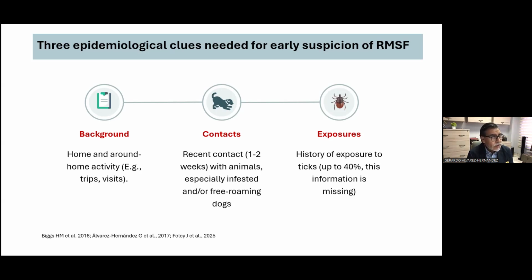But to achieve that, clinical skills should be complemented with epidemiological clues, intentionally looking for history of tick exposure, with looking intentionally for recent contact with animals, especially those that could be infested, and very important in some regions across the border, where contact with free roaming dogs.